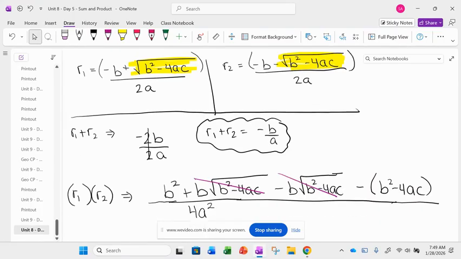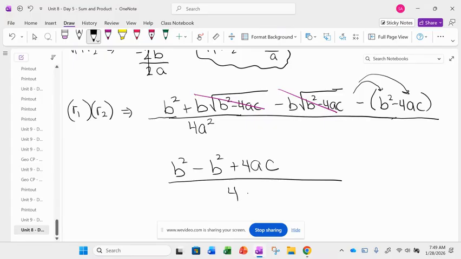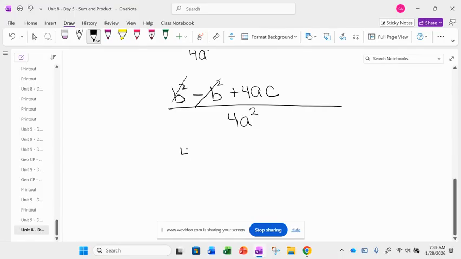And now I'm going to be left with my numerator, which is b squared, and now I'm going to distribute in this negative: minus b squared plus 4ac all over 4a squared. Now the b squareds cancel. And then I'm going to be left with 4ac over 4a squared. Well, the 4's cancel. And if I divide a to the first by a to the second, I end up with an a in the denominator. And that gives us the product of the roots.